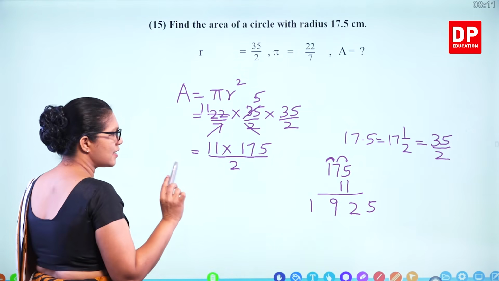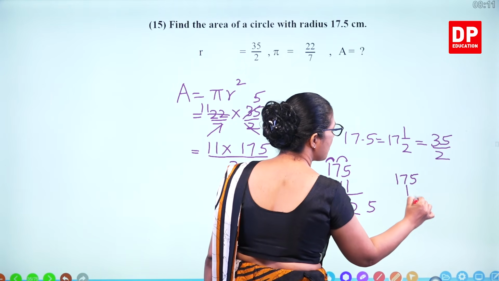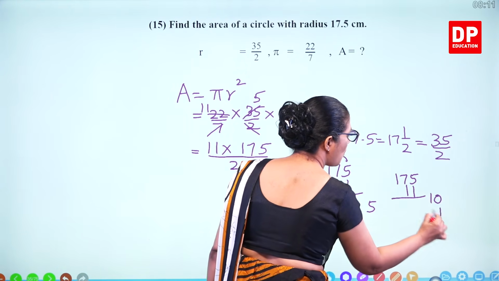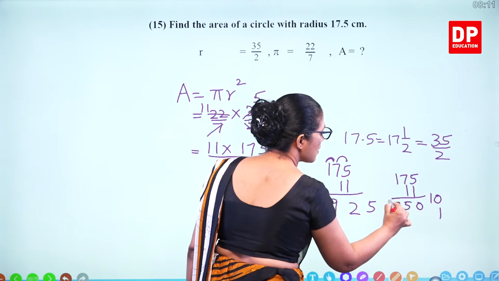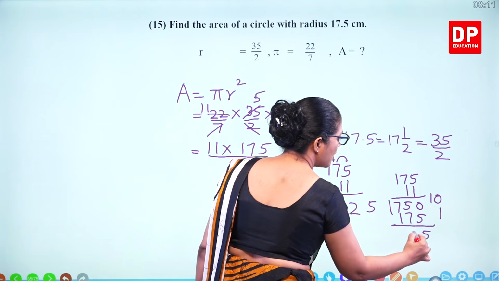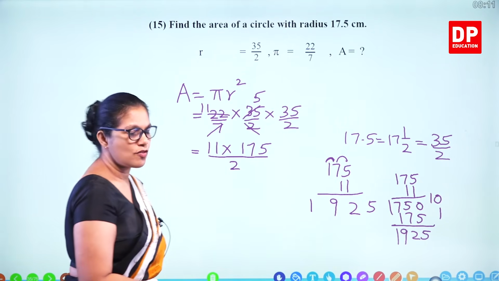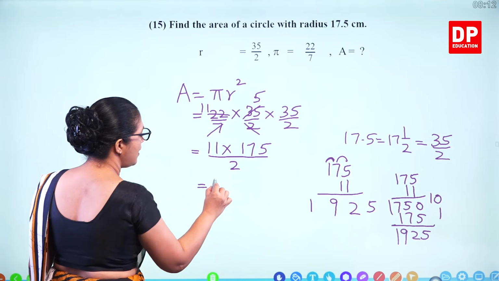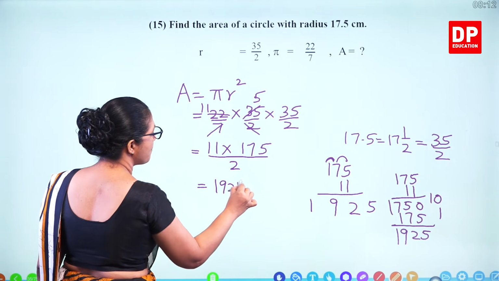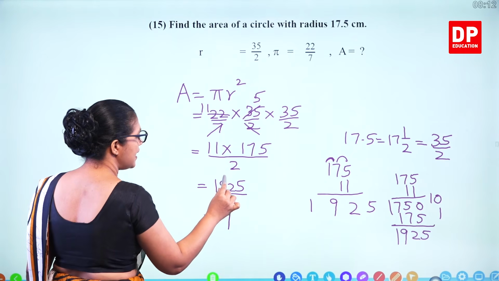So we'll check it. If you are not sure, just check it. 175 multiplied by 11, 10 and 1. And here 175. 5, 12, 9, 1. So that's correct. So 1925 divided by 2. 2 times 9, 18.